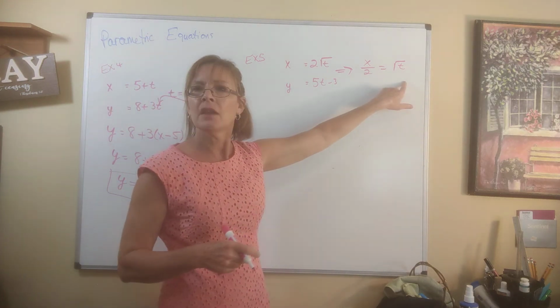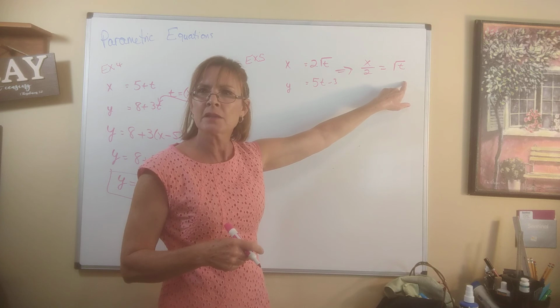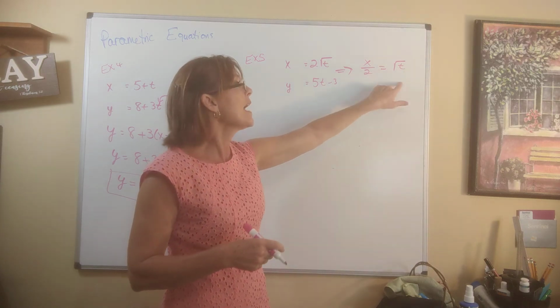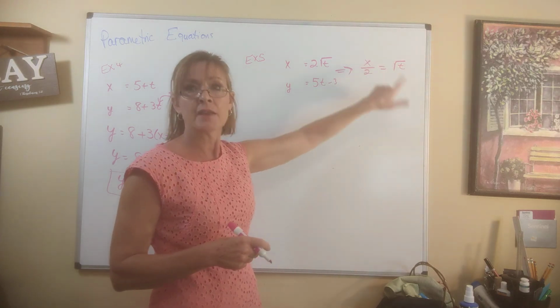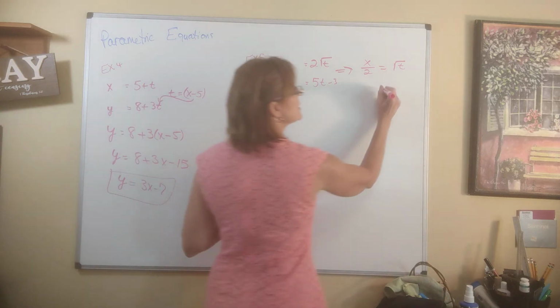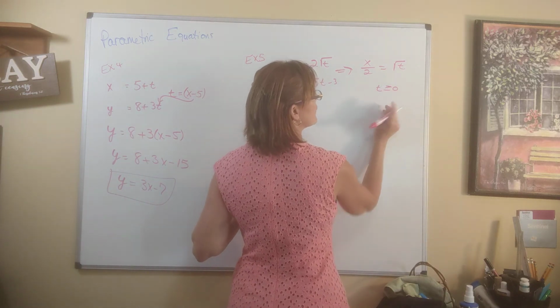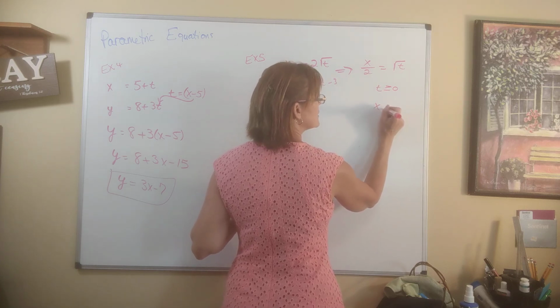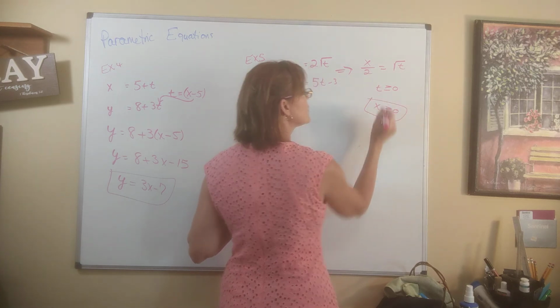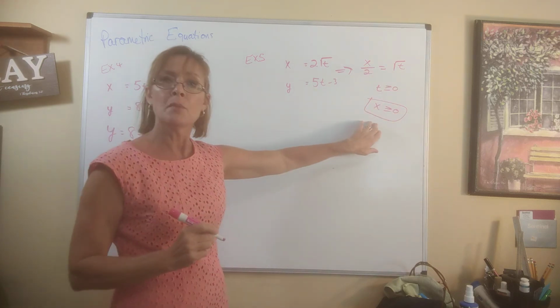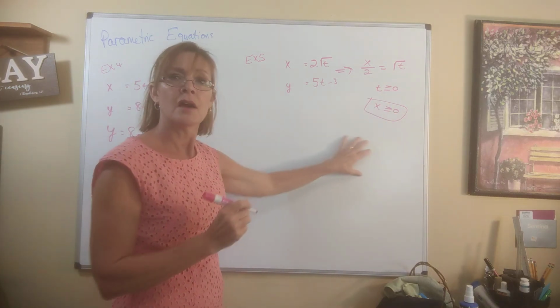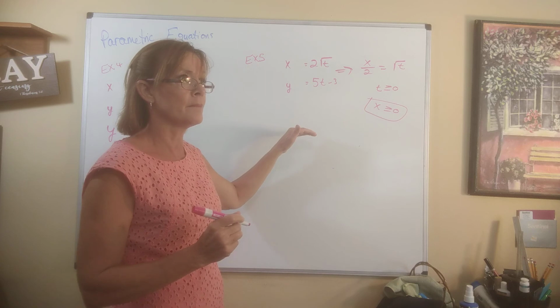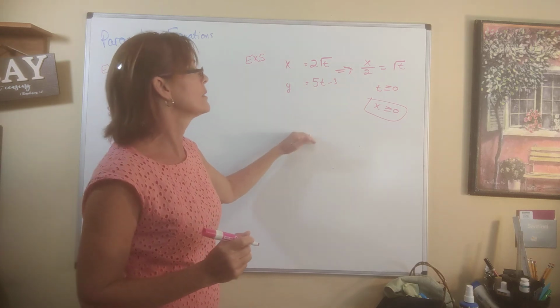The domain of t, you can only put a 0 or positive numbers under a square root. So that will affect the domain of x, okay? So we want to pay attention to that. t has to be greater than or equal to 0. That means that what we'll get for x will always be greater than or equal to 0. So even when the parameter t is gone, the domain that it came from will affect the equations that we end up with.